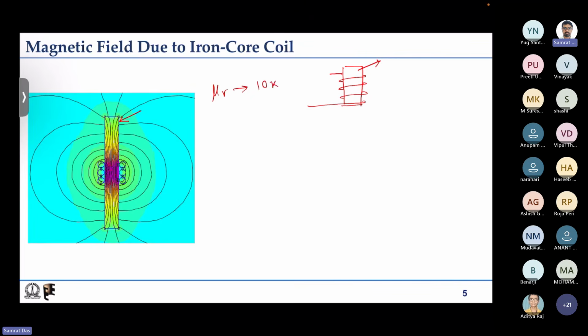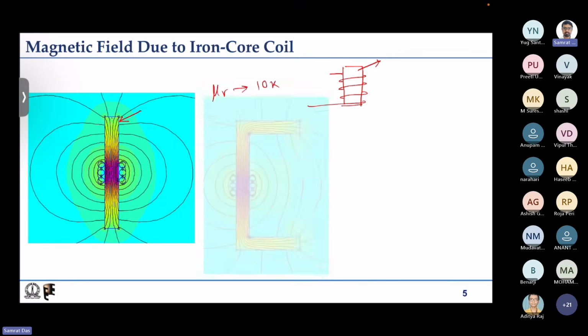So most of the flux lines flow along that, because it is less resistive from the electrical circuit point of view compared to flowing through air. That is why by putting in an iron bar, you can align more and more flux lines along the geometry of the iron bar.